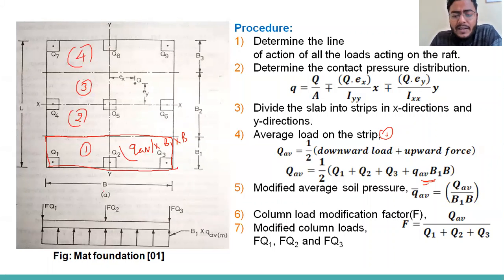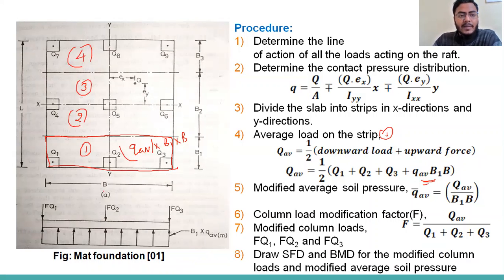Once we have the modified column loads and the modified average soil pressure, we have these two values, so we can go on to draw the shear force diagram and bending moment diagram. For that, we have to know the value of Qav and the values QF1, QF2, and QF3. Once we have these values, we can draw the shear force diagram and bending moment diagram.